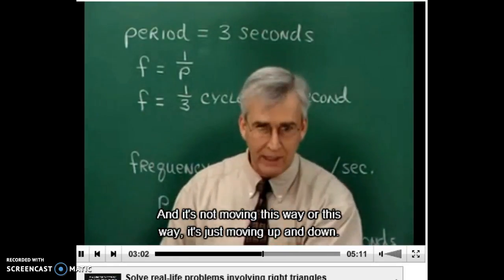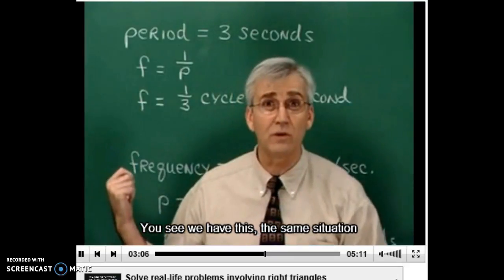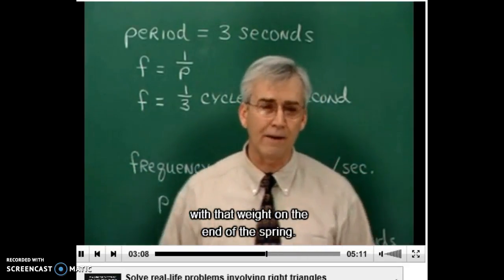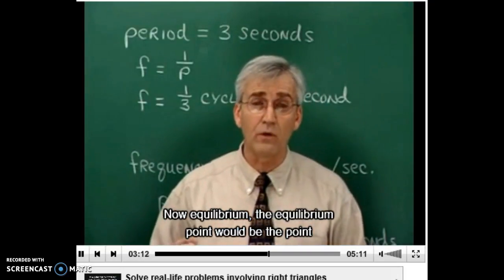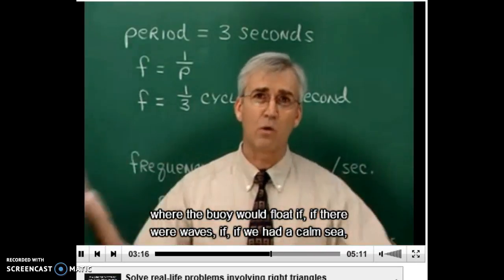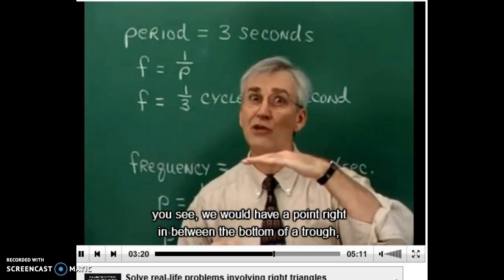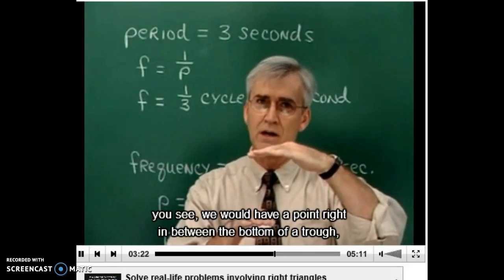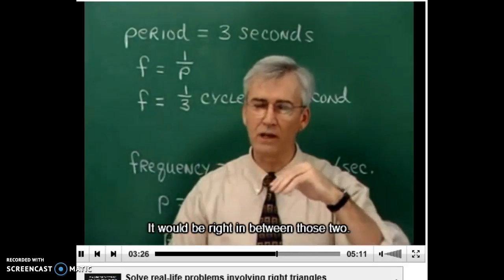It's just moving up and down, and we're just watching it move up and down. You see, we have this same situation with that weight on the end of the spring. Now, the equilibrium point would be the point where the buoy would float if there were no waves. If we had a calm sea, we would have a point right in between the bottom of a trough, the trough between two waves, and the top of a wave. It would be right in between those two.